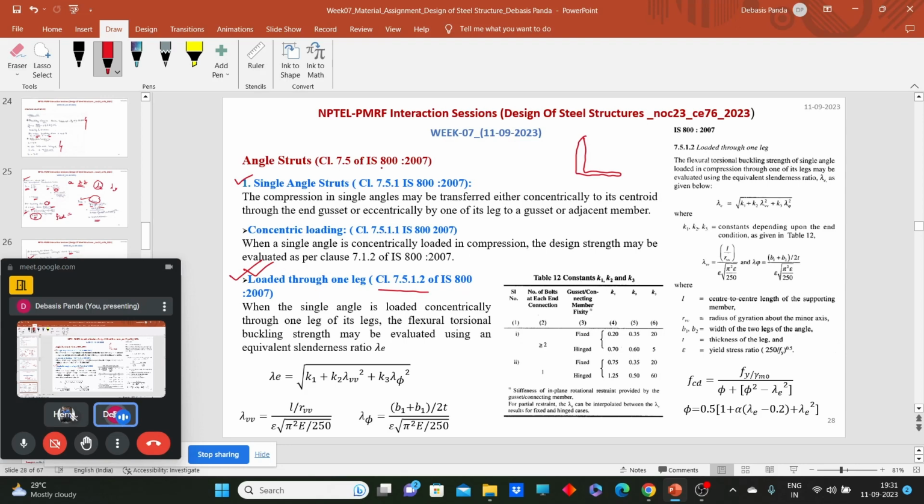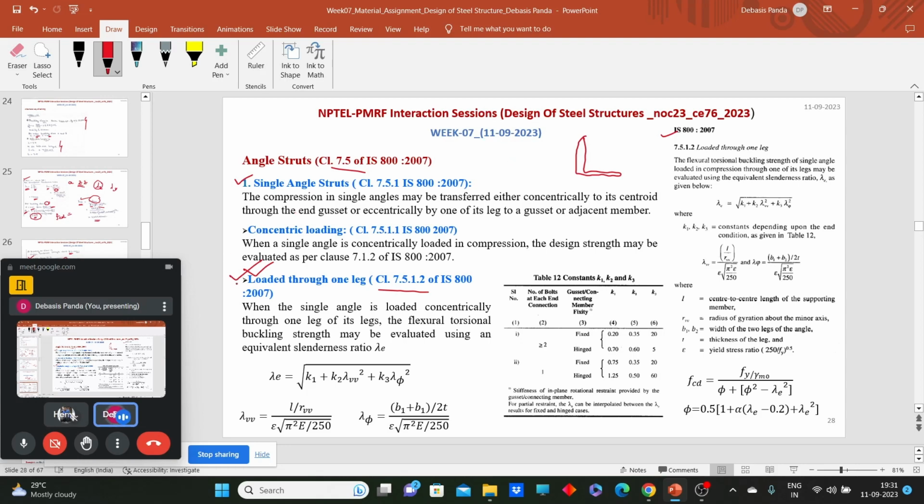By the way, clause 7.5 gives you the detail about the angle strut. Here is the screenshot of the code; I will go into it a little later. So what I am saying is, if the load is concentric, then we don't need to worry about calculating the Pd value in a different way.